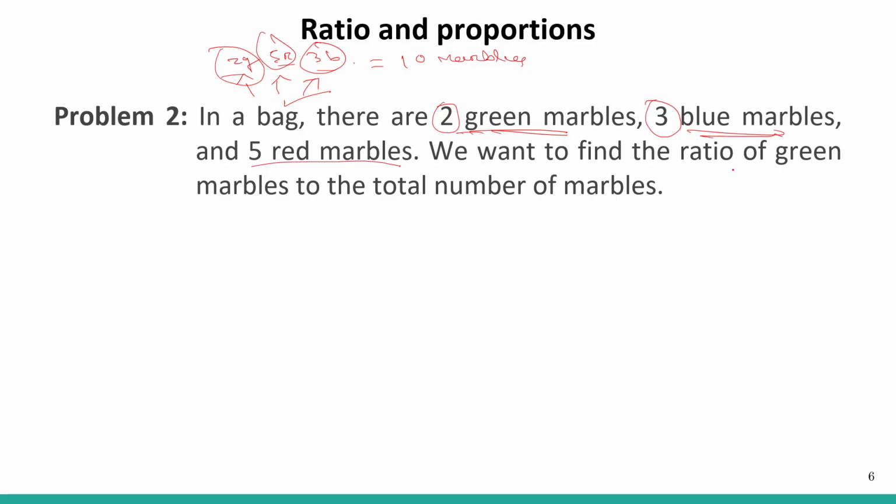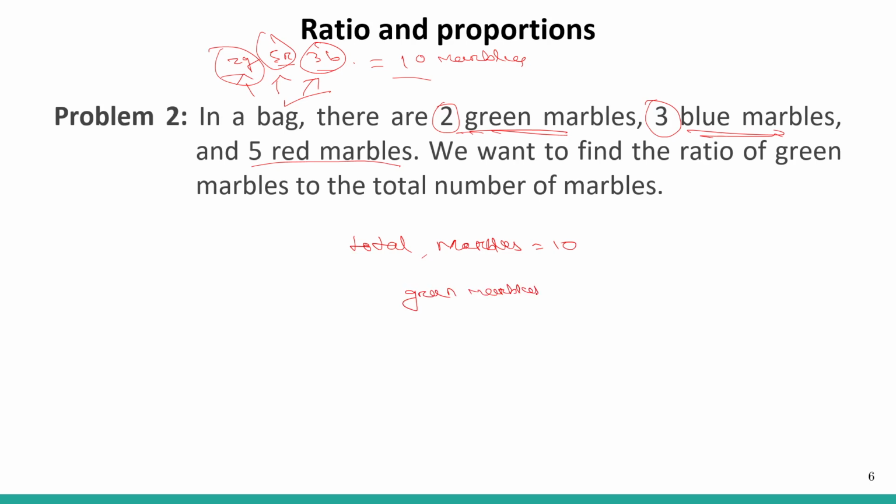We want to find the ratio of green marbles to the total number of marbles. The total number of marbles is 2 plus 5 plus 3 is equal to 10, because 3 plus 2 is equal to 5 and that added to 5 gives us 10. So we want to find the ratio of green marbles to total marbles.